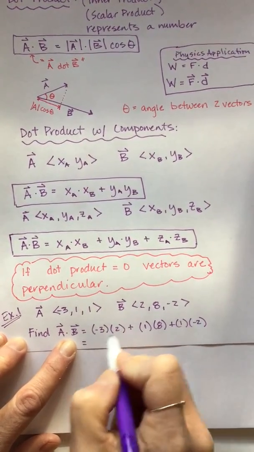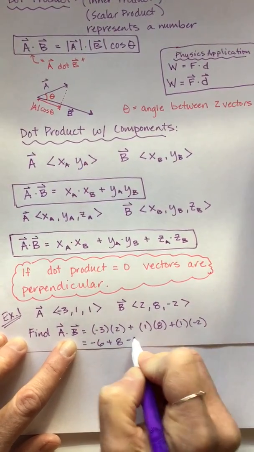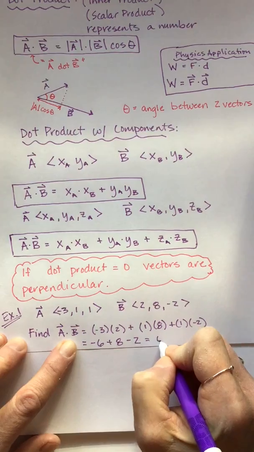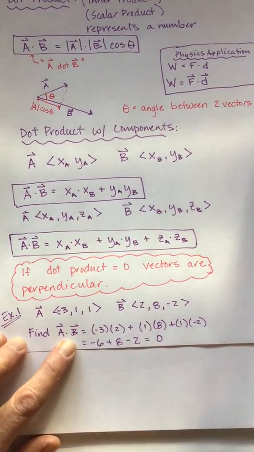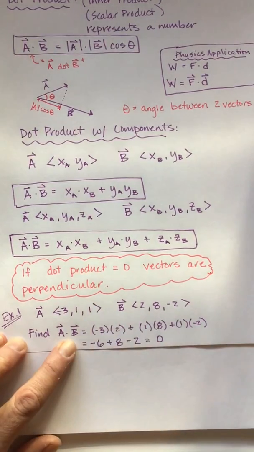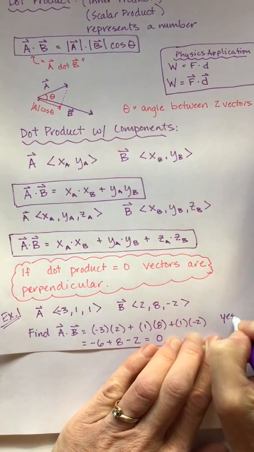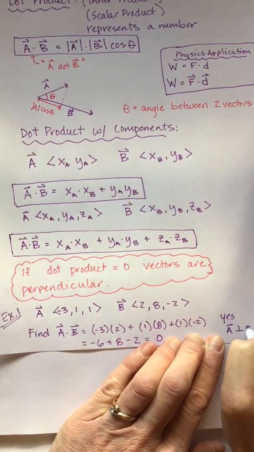We're just going to add that up: -6 plus 8 minus 2. And lo and behold, we get 0. So what does that mean? We can answer the question on the homework. Yes, these two vectors are perpendicular. Yes, A is perpendicular to B.